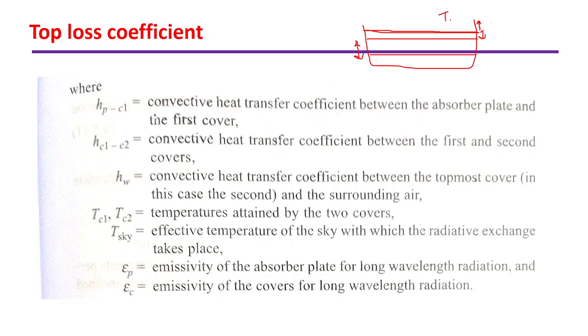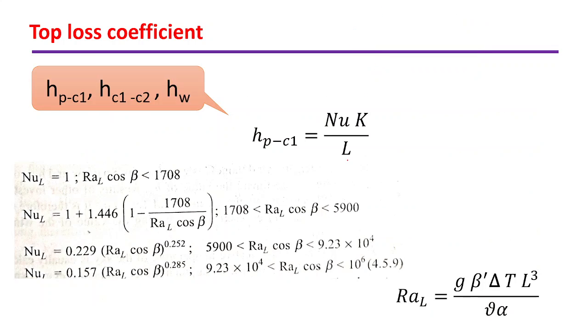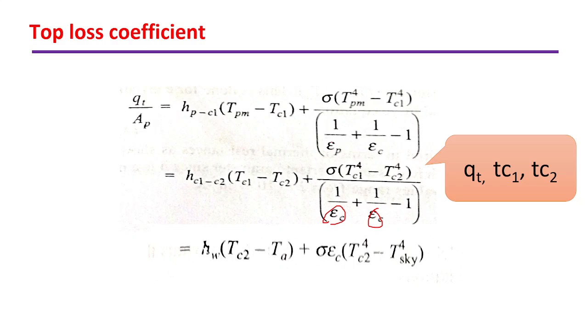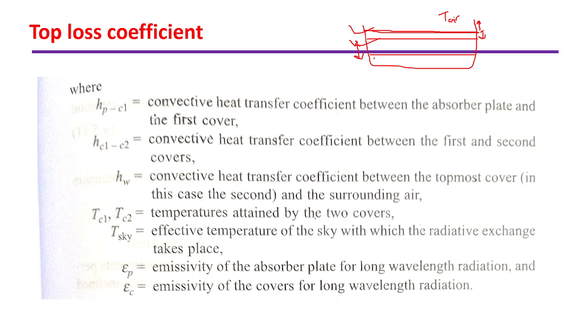Here we will not have the temperature of the air, and TC1 and TC2 are the temperature of the first glass cover and the temperature of the second glass cover. T sky is the temperature of the sky, and epsilon P and epsilon C are also in the equation. These are the emissivity of the absorber plate for long wavelength radiation and the emissivity of the covers for long wavelength radiation.